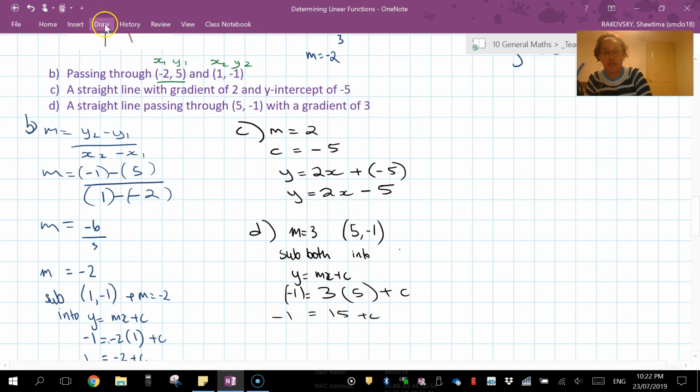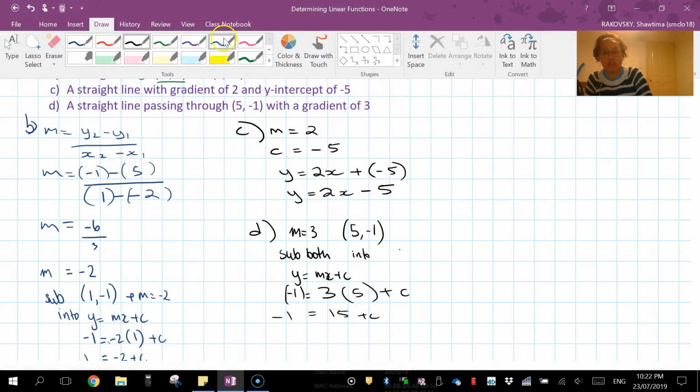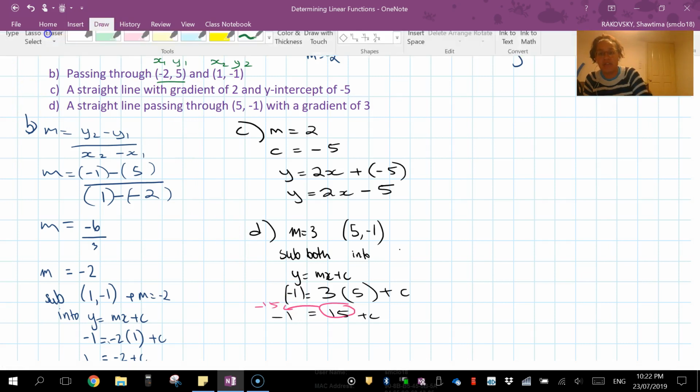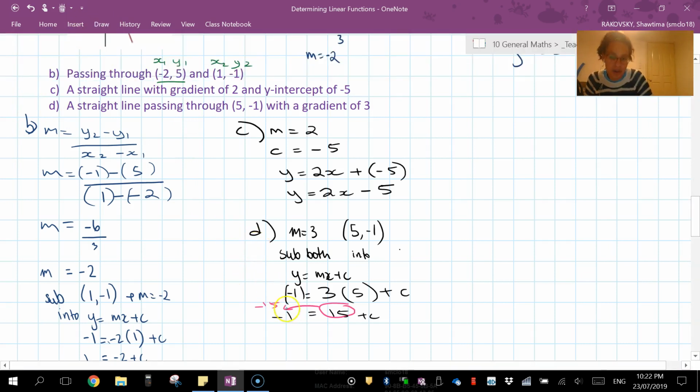You would then move your 15 over. That's positive, so it becomes -15. So -1 take 15 gets us -16 equals c.